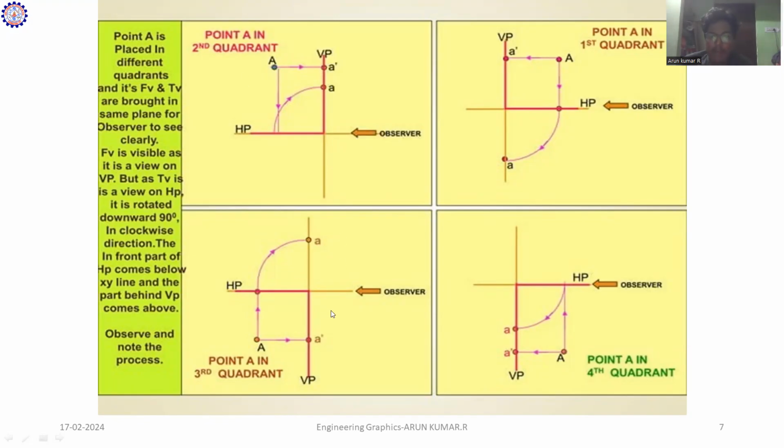Similarly, in the third quadrant we locate the point from the front and top view of the observer. And similarly for the fourth quadrant, A dash lies below. When we see each and every quadrant, let's see the examples.